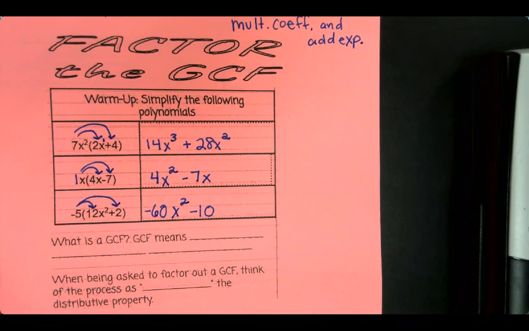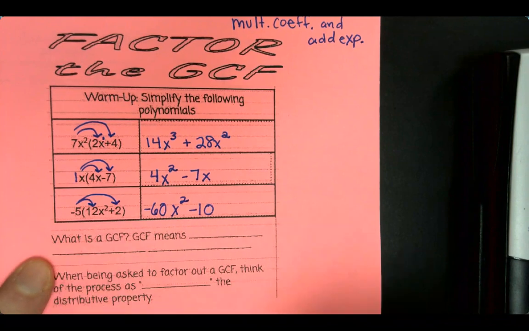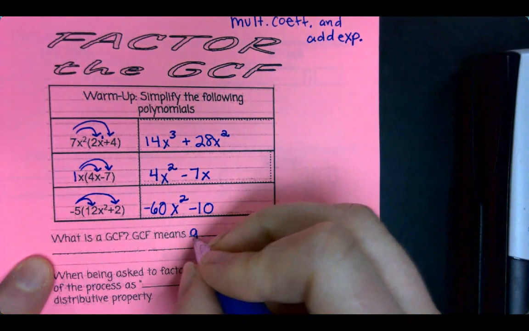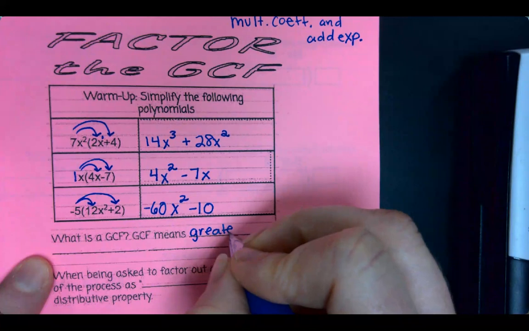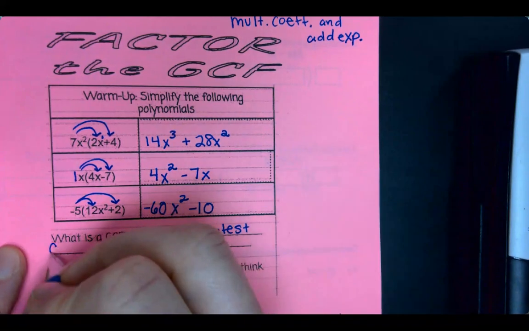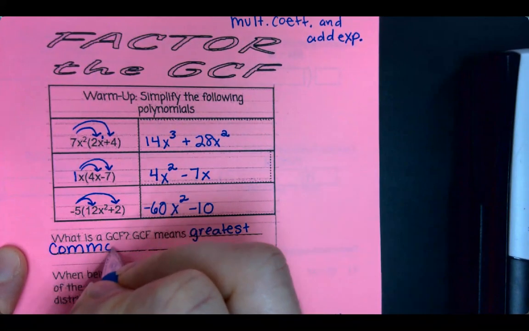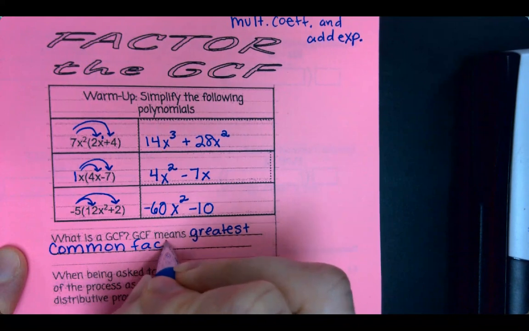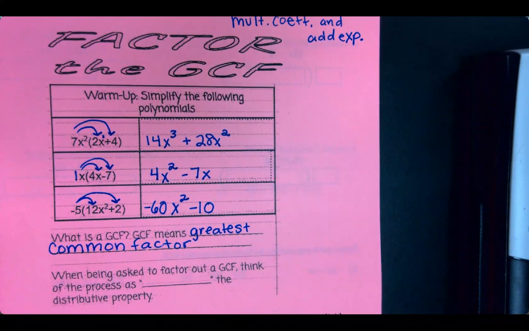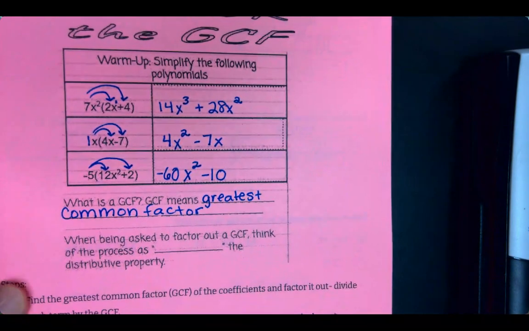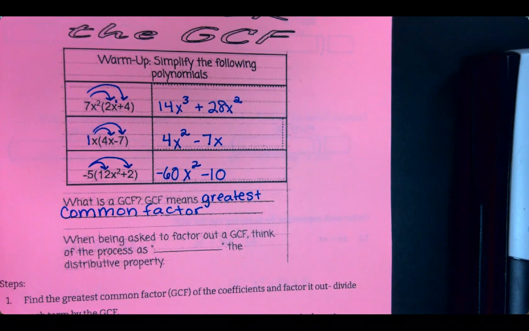So in order to factor, we've got to find the GCF. GCF is called the greatest common factor. And we can actually use our calculator to find our greatest common factor.